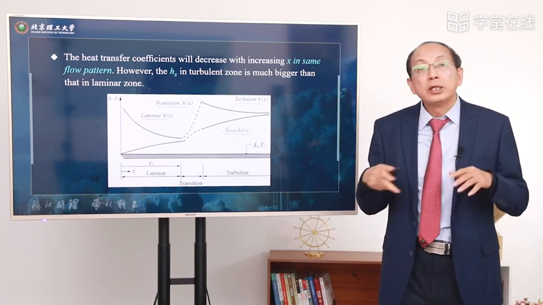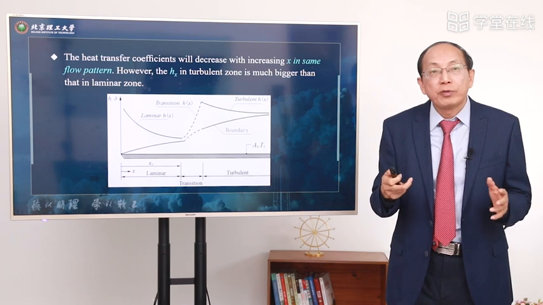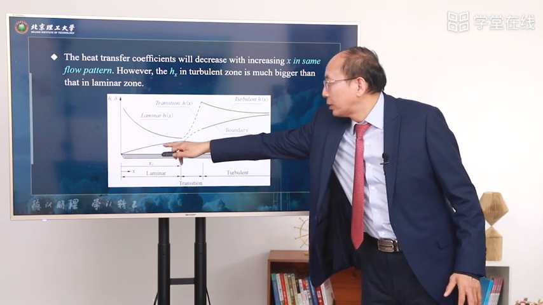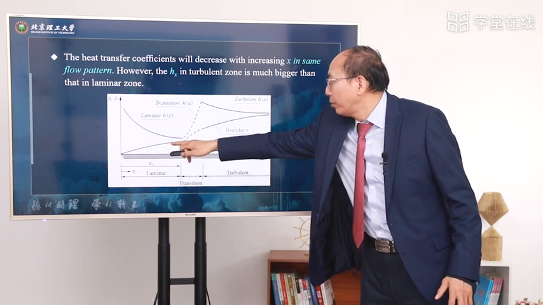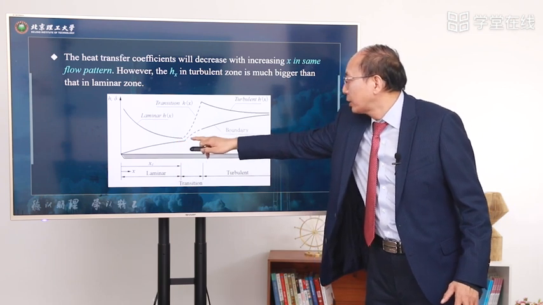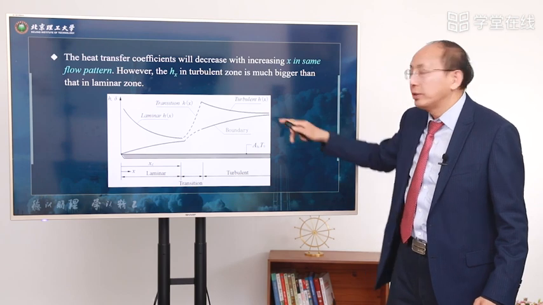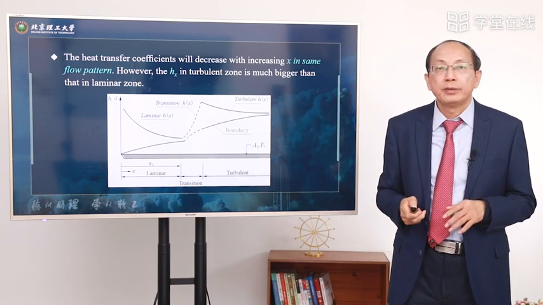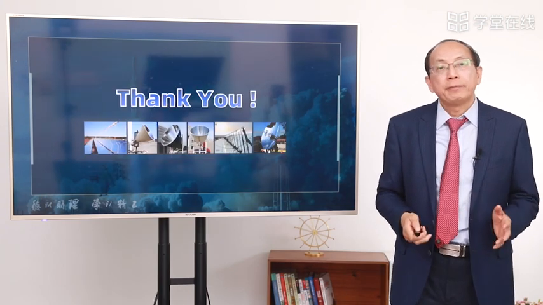However, the thickness of the thermal boundary layer originally is very small, and on this curve it increases suddenly. So it is a different pattern. Okay, thank you.